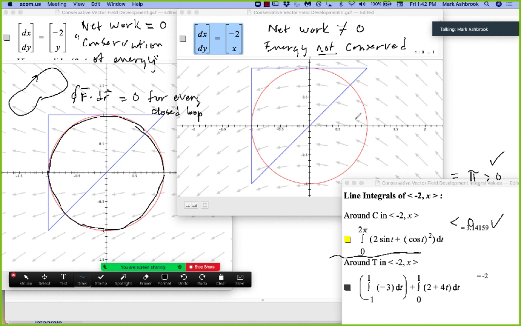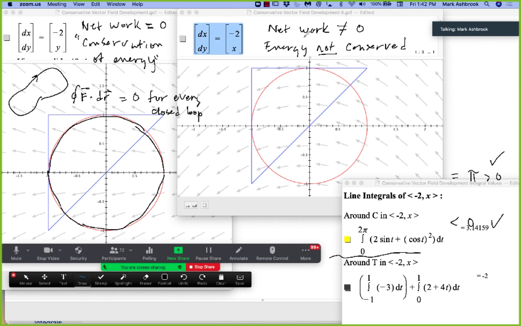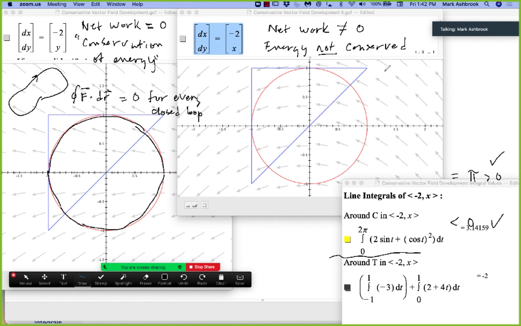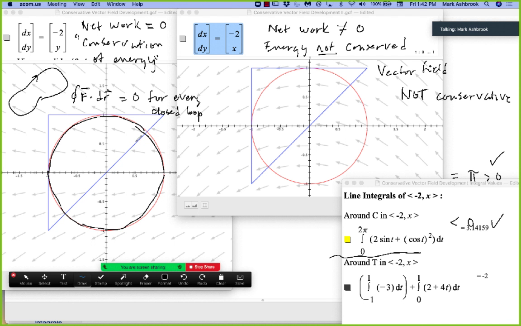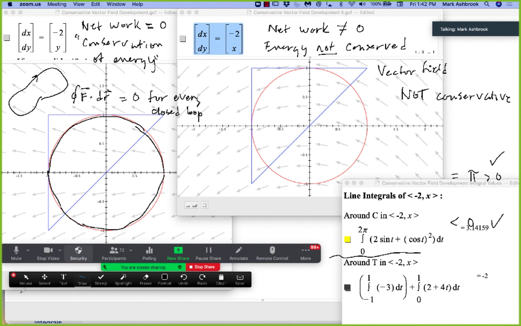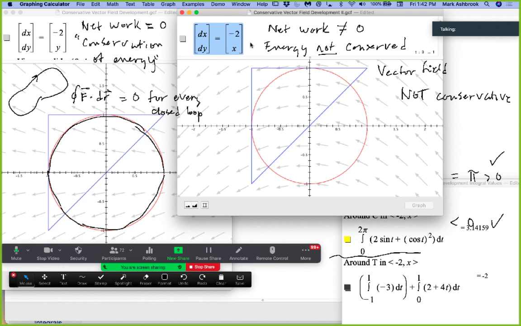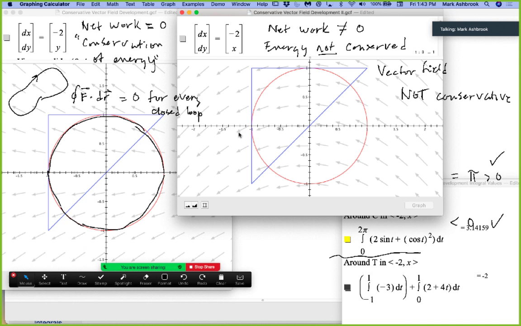Here, if you can find one loop where the net work is not 0, then the vector field is not conservative. But this vector field is conservative. So, did anyone recognize what it is that makes a vector field conservative? What's special about this vector field that's not true about this vector field? Anyone notice?